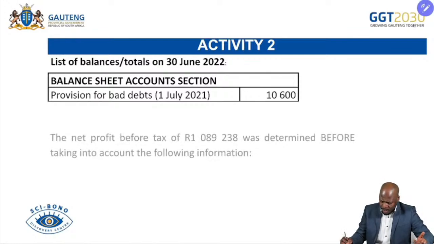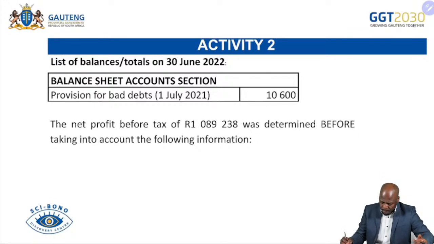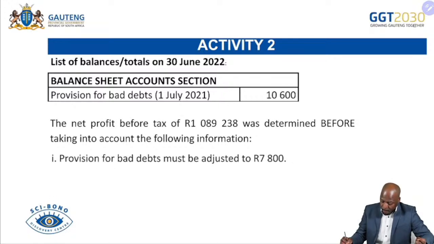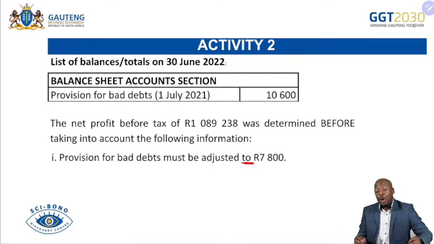Let's hear what is given again. The net profit before tax is 1,089,238, was determined before taking into account the following information. All right. And then provision for bad debts must be adjusted to. Okay. So remember in the first paper that we did, in the Eastern Cape paper, they brought provision for bad debts must be, you remember, it must be increased by.